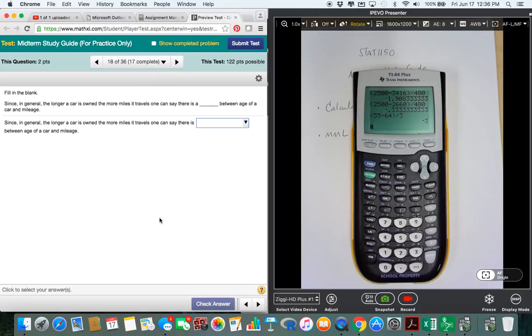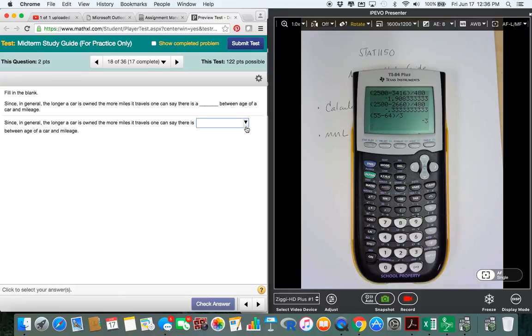Okay, since in general, the longer a car is owned, the more miles it travels, one can say there is probably a positive or negative association between age and car mileage. Well, guys, when you get in a situation where as one variable goes up, the other one tends to be higher, that's different than if one goes up, the other tends to be lower.